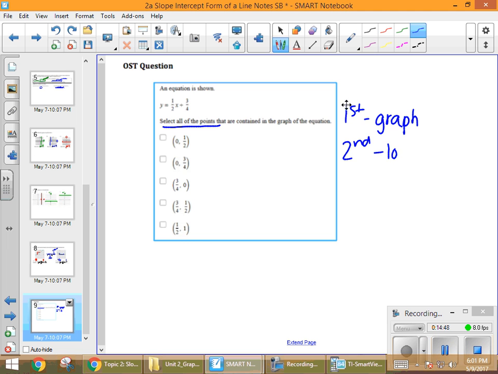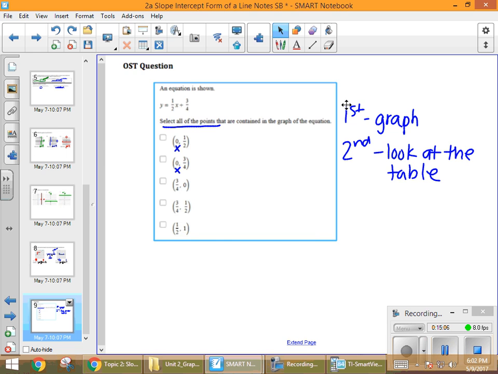Secondly, I would look at the table. The one that's going to be really easy to look at for the table is to see what the y value is for x equals 0, because that's going to at least tell me which ones I can check off for the first two.